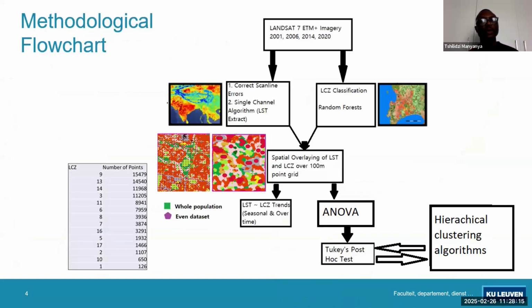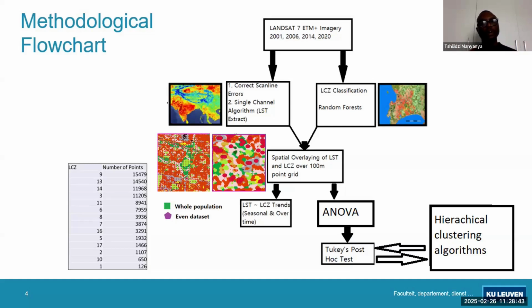On the other hand, we extract the land surface temperatures using a single channel algorithm of the inversion of Planck's function. After that, we overlay the local climate zones with the LST, and then extract the values with a 100-meter point grid.